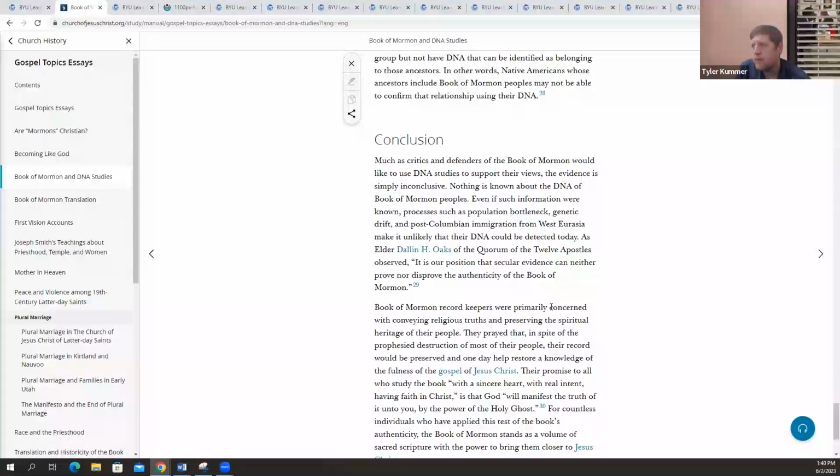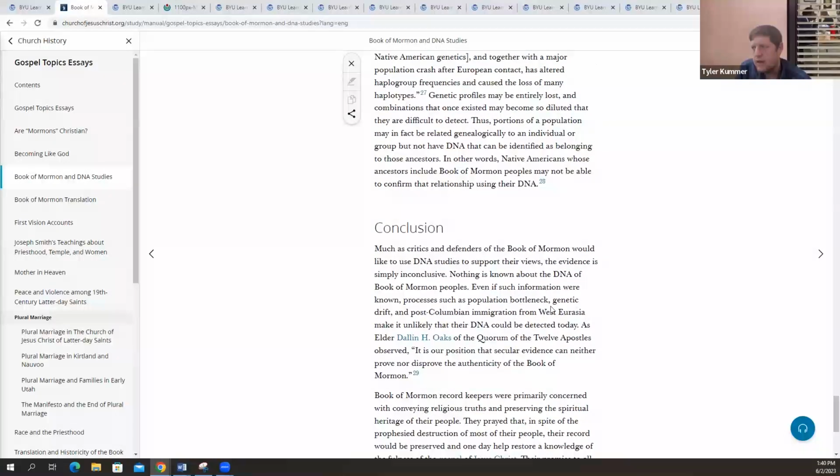One thing that's important to point out, and I mentioned this in the article, is that even those who try to say there is genetic evidence, and a few things have been pointed out where there might be Jewish DNA found in a few Native American populations, even that is a tenuous claim at best, because we don't know when that migration would have come. The Jewish DNA we were finding, I believe it was Cherokee, if I remember correctly. I'm not 100% sure on that. But even for those groups, we don't know when that would have come.